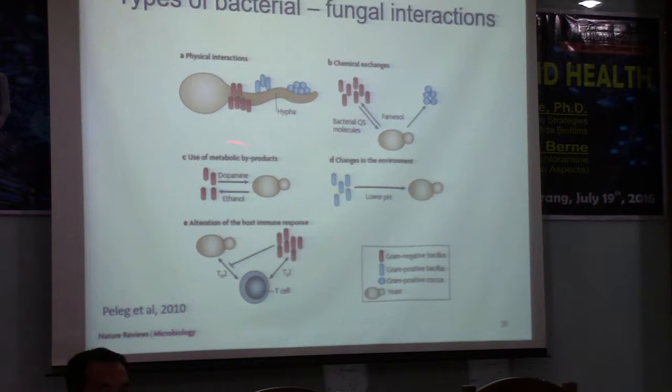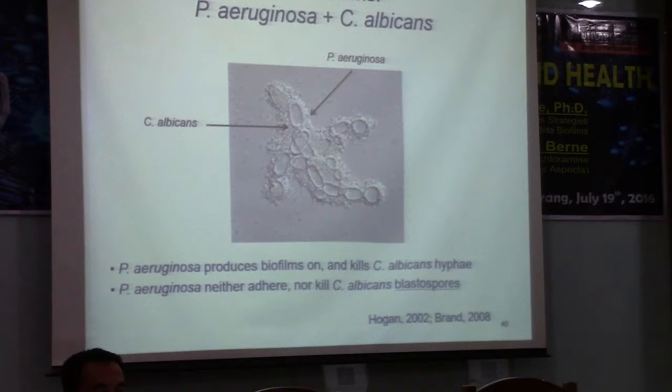We have also interactions based on metabolic byproducts, and so there are different conditions. So altogether, interactions are possible in a lot of different ways in all these microbial cells. So my first example, Pseudomonas aeruginosa plus Candida albicans can interact to form mixed biofilms.